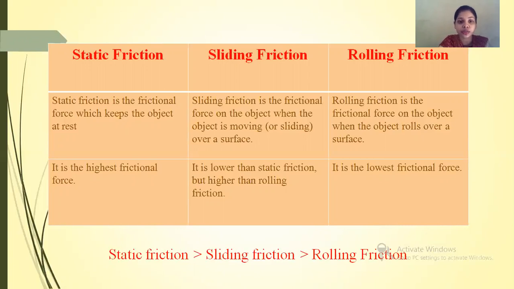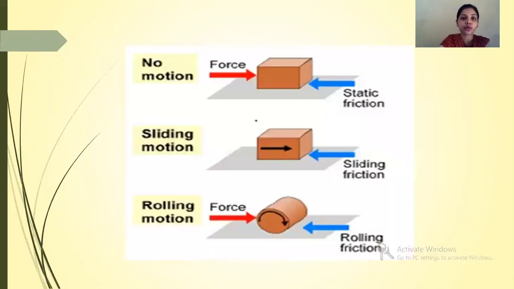It is very difficult to move a stationary object from its initial position. That's why, when the object is at a stationary position, the frictional force is more, and this is the static friction, then the sliding, and then the rolling. Now see here, if there is no motion, it means there is static friction.